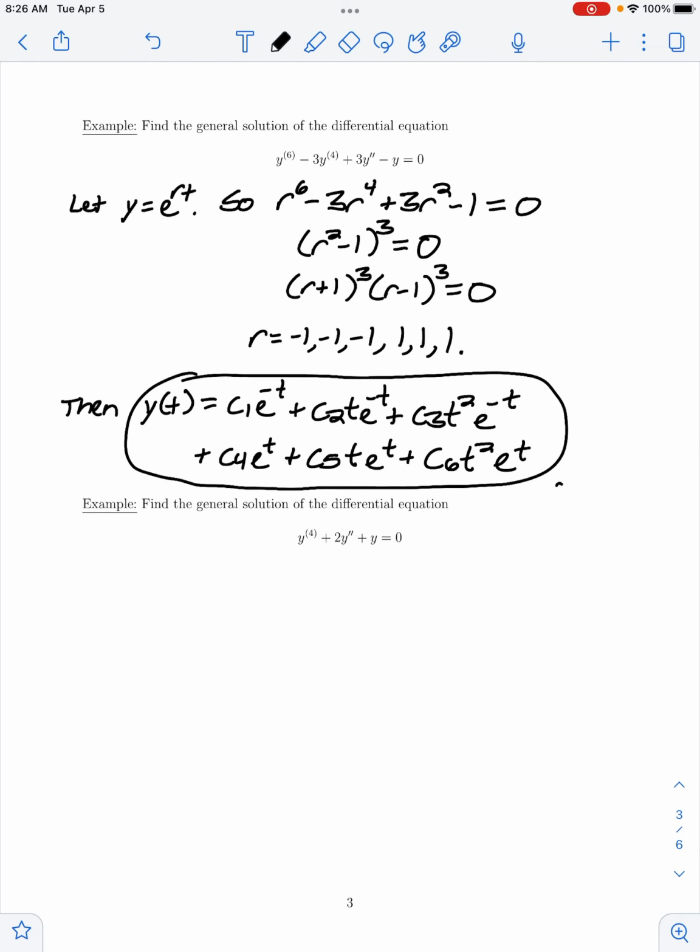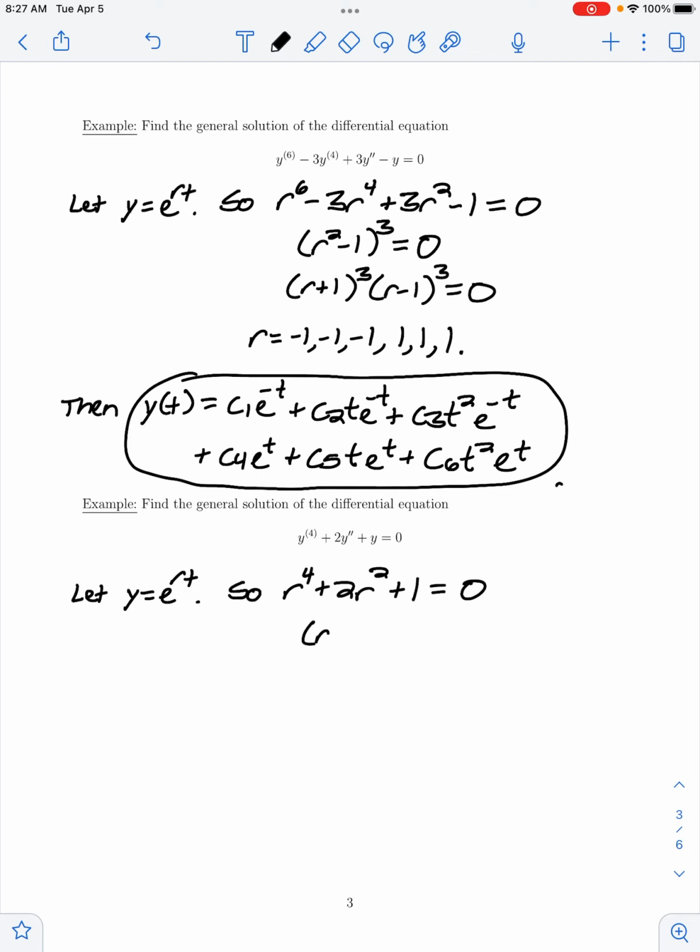And then in our next one, we have the same sort of question. We're asked to find the general solution of this fourth degree homogeneous linear equation with constant coefficients. And so our approach is the exact same. If we are looking for solutions of the form y equals e to the rt power, then r satisfies the characteristic equation r to the fourth plus 2r squared plus 1 equals 0.